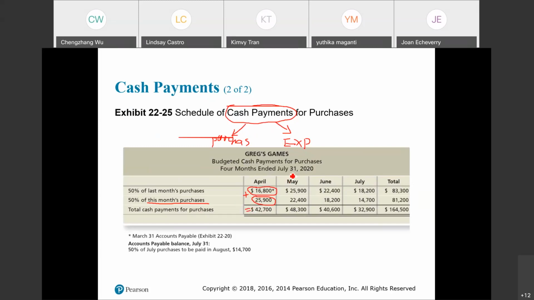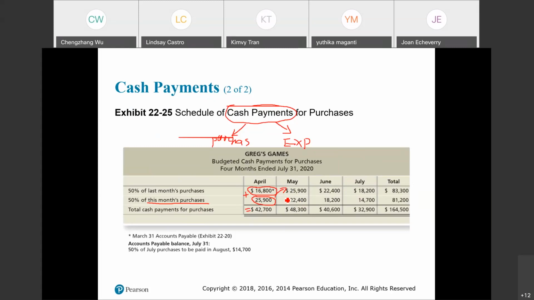And similarly, in May, same thing. Let's see. Half of the purchase in April is carried here, plus half of this month's purchase.